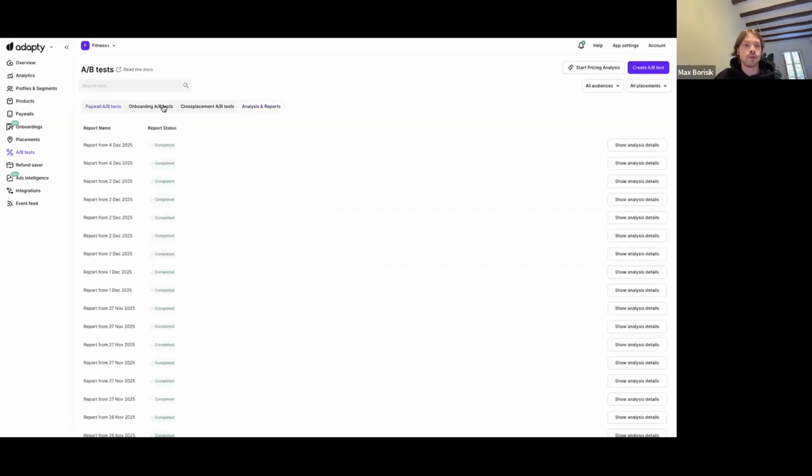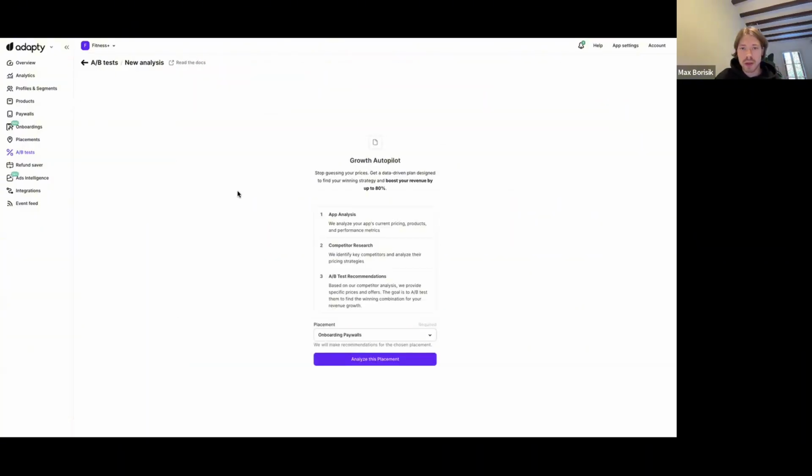So we have the regular tabs, and here we have the analysis and reports. And over there, the Autopilot is located. What it does initially is make an analysis of your app, of the market, of the competitors and the benchmarks, and then compare your app to the market.